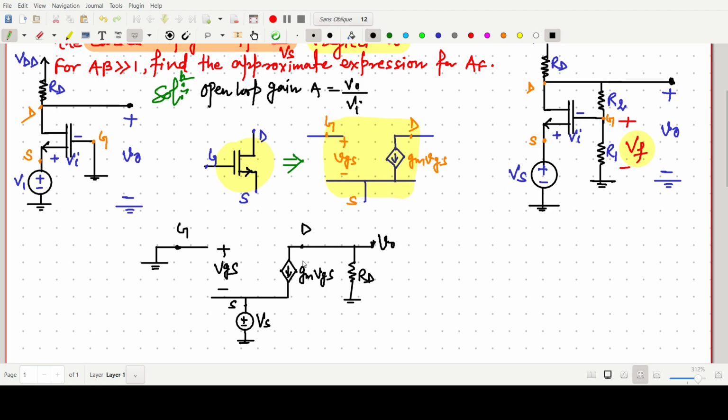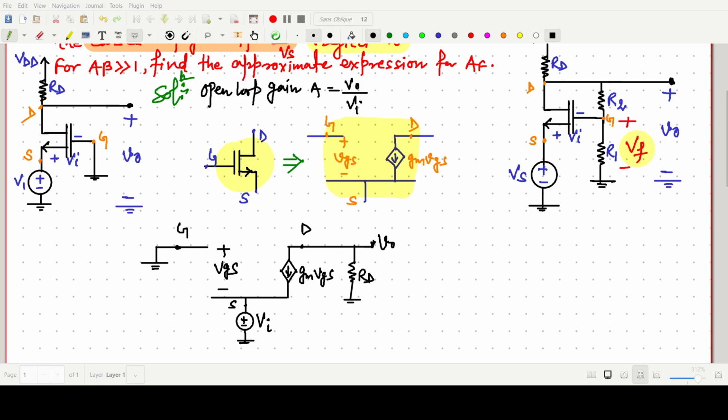This is our V naught. So we have to find the value of V naught upon Vi. Here we have written Vi, so better to write Vi. We have to find V naught upon Vi.